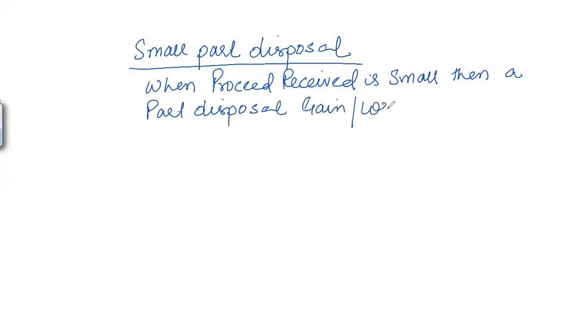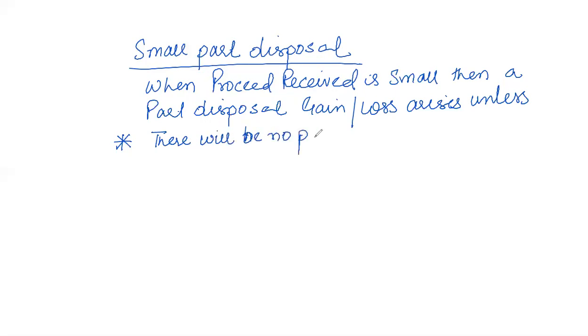The normal gain or loss that we calculate, unless now you have an option that an election can be made, and if you elect for that, then the effect of the election is that there will be no part disposal. No part disposal. What does it mean?